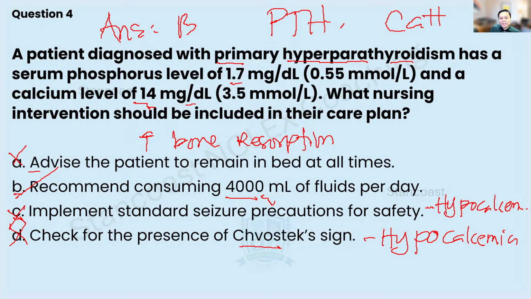It keeps the calcium ions in the bone matrix. It will not allow them to escape from the bone tissue. So our correct answer is letter B. We have to increase their fluid intake to about 4 liters per day.